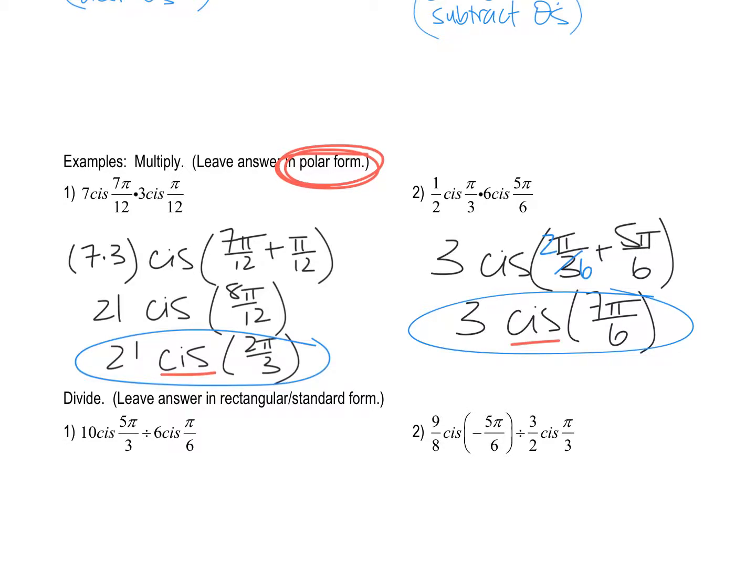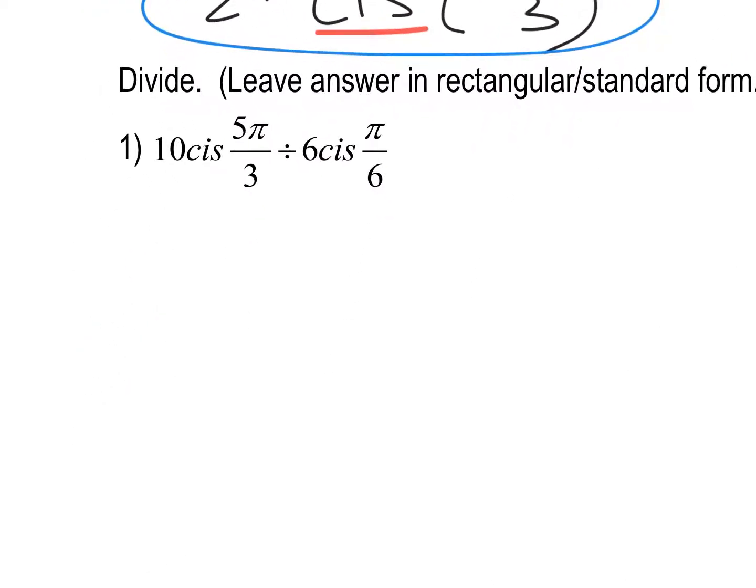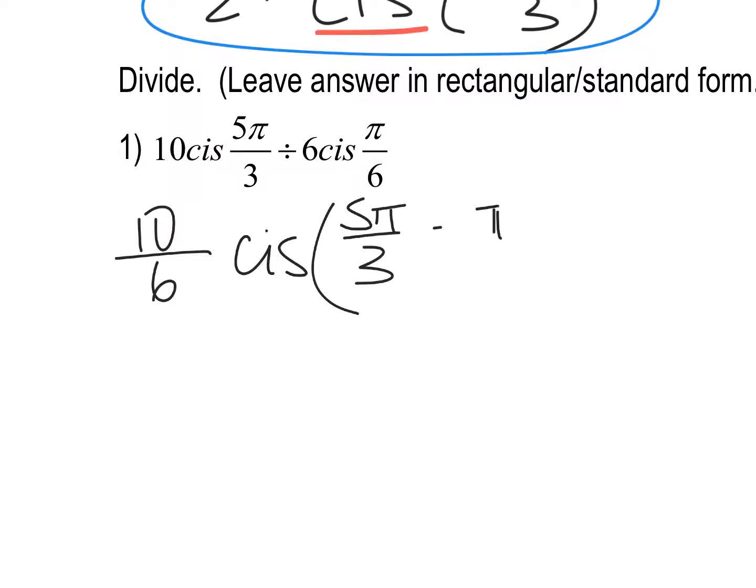These next ones are going to ask me to do the division formula, but it's going to ask me to convert it to rectangular standard form. That's a little bit different, so I'll show you how to do those. This is a division one, so again what I'm going to do is take my 10 and divide it by 6. That's a fraction that reduces, so I'll do that in a second. But I need to subtract my theta, so 5 pi over 3 minus pi over 6.